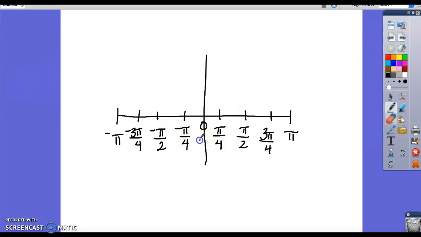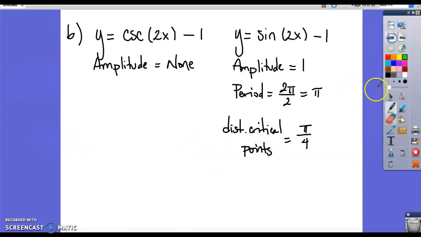My function is shifting down 1 unit, which means that my midline, I'm going to draw this in a different color, moves from the x-axis to y equals negative 1. So my midline becomes y equals negative 1.